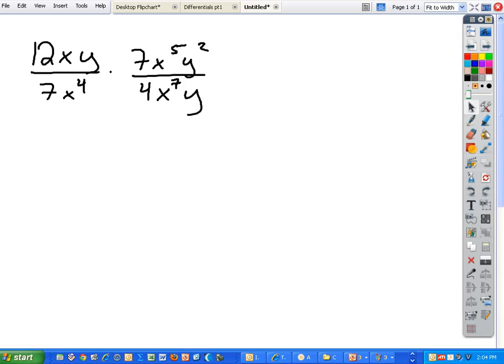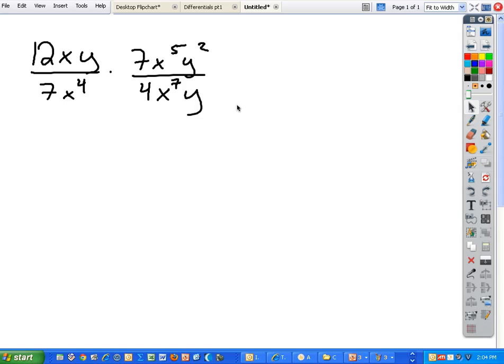If we're going to simplify this thing, there's a lot of ways you can do it. I would recommend multiplying straight across the top and straight across the bottom, and then simplifying vertically, with the exception of the numbers. Sometimes with the numbers, we would end up with 12 times 7, which is 84 on the top, 28 on the bottom, and 84 28ths is a big fraction to simplify, right?